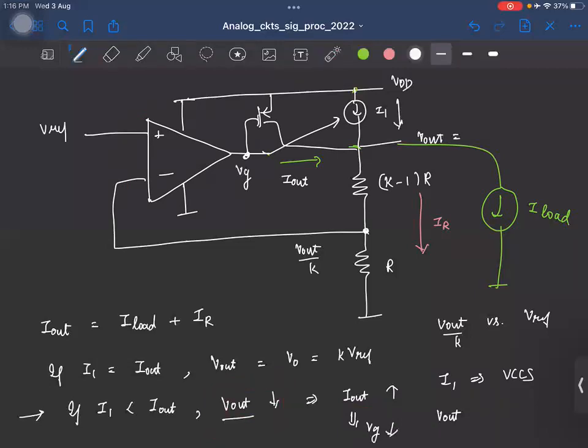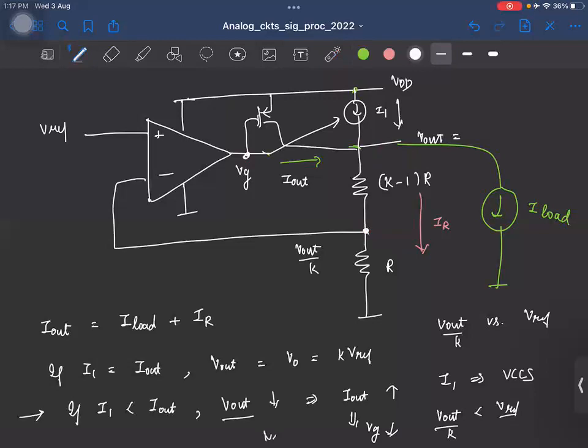Basically, V out by K is smaller than V ref. So what will happen to VG? Increase. You want VG to decrease, but in the circuit, if V out reduces, this voltage will also reduce. So VG will increase, but that's not what you want, right?